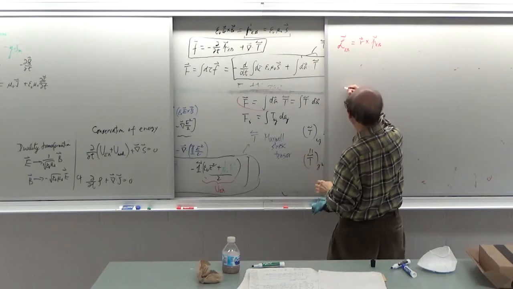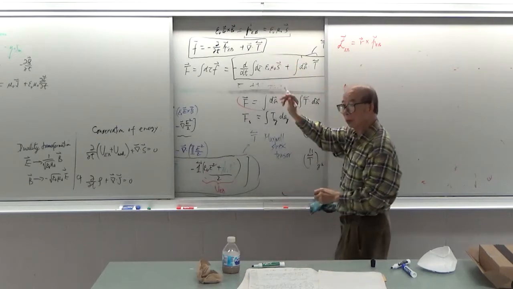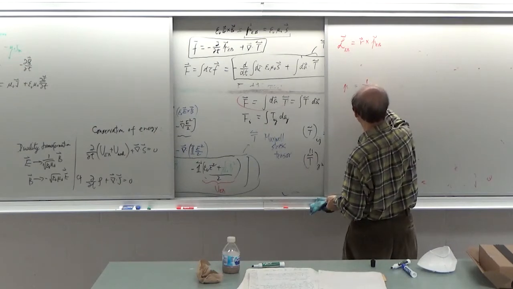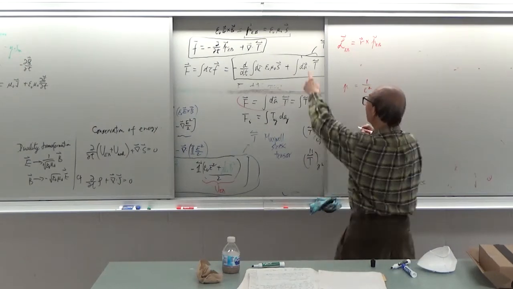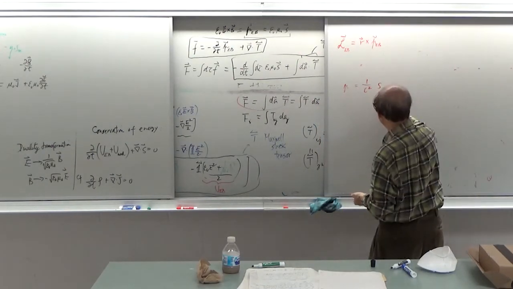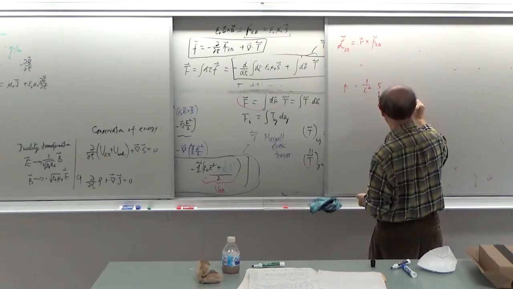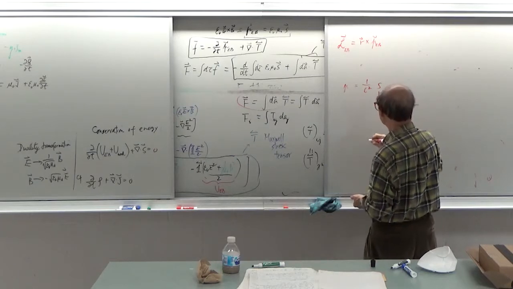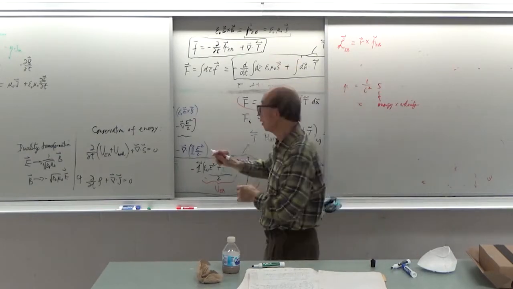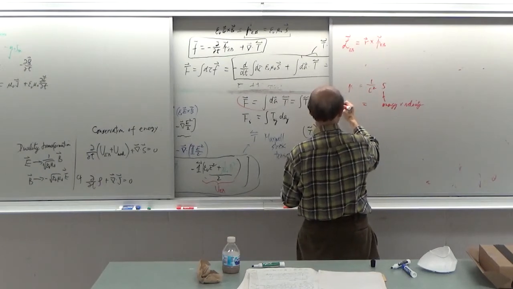We have linear momentum P equal to epsilon naught mu naught times S. Epsilon naught mu naught, in fact, has the value of 1 over the speed of light in vacuum squared. S is the energy flux. Energy flux, of course, is just energy times velocity, some kind of flux. And linear momentum, of course, is nothing but mass times velocity.